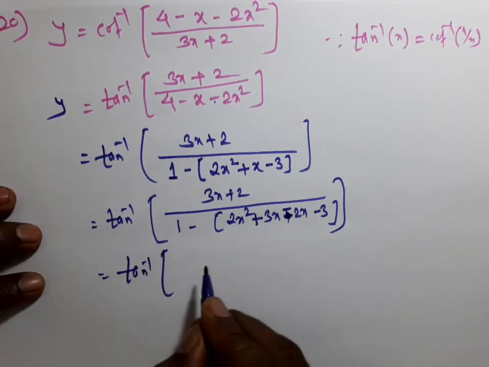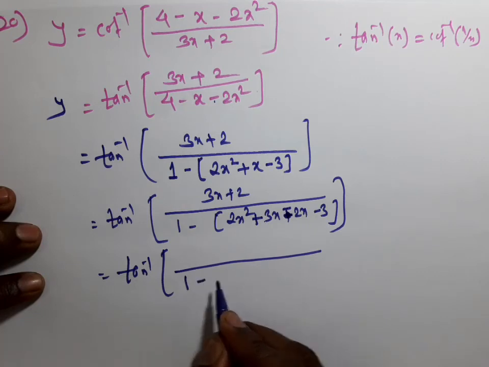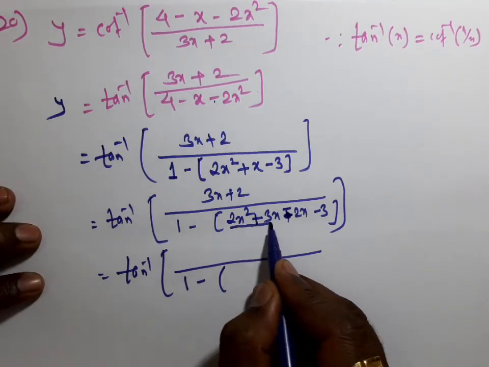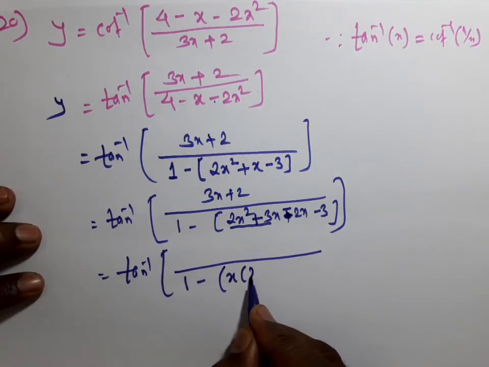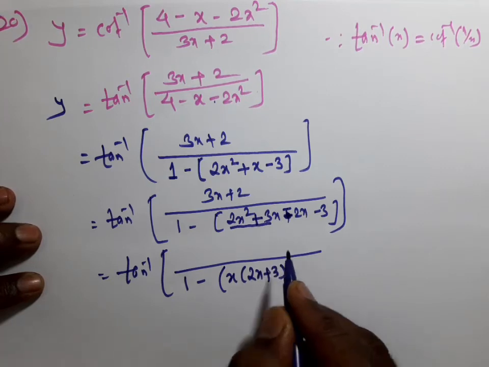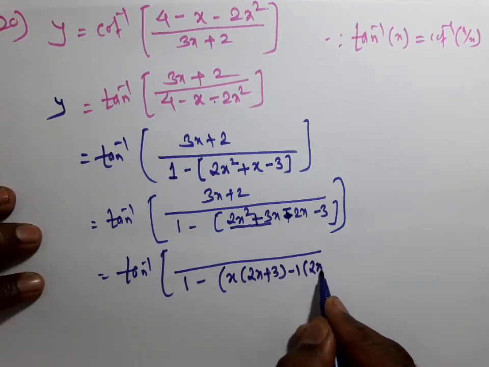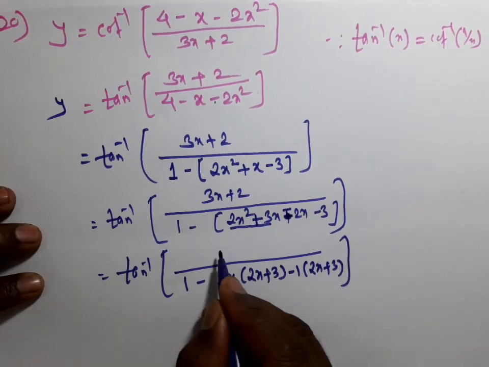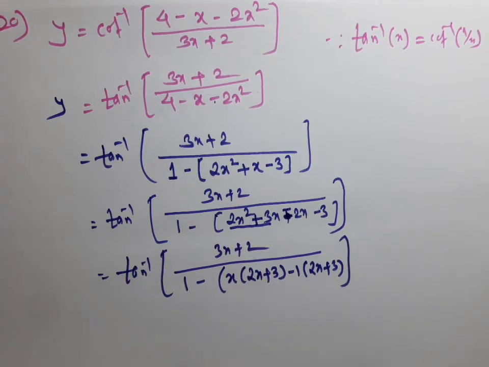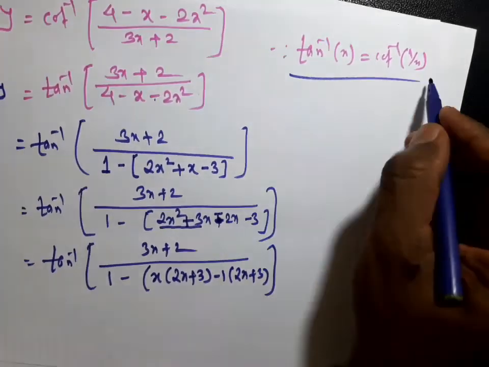Tan inverse 1 minus, what is common from these? x. It is (2x plus 3) minus 1, (2x plus 3x plus 2). So I am writing here.